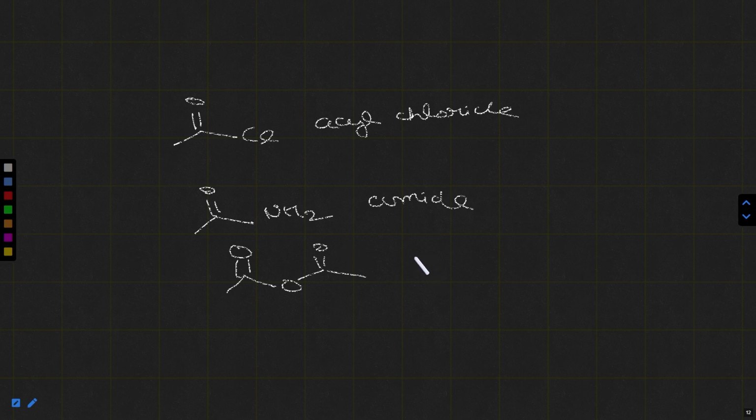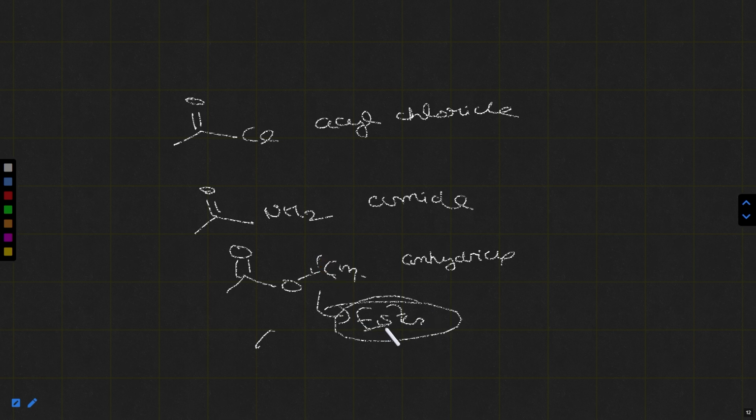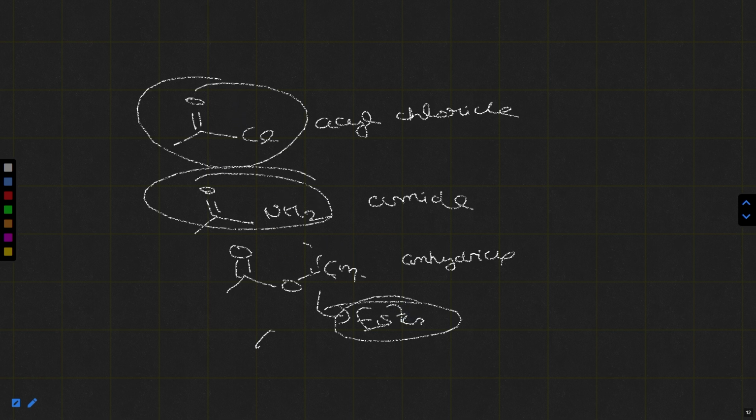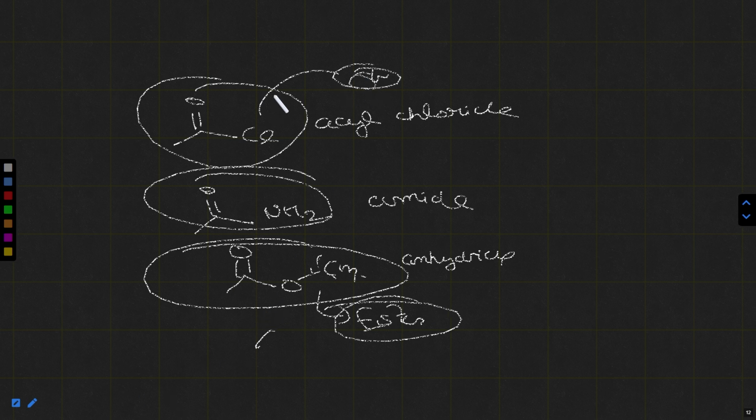You will call it an anhydride. Now if this group is not O and it is simply an R, suppose a CH3 group, then it will be an ester. So you must be well aware of the structure of all these derivatives of carboxylic acid, in which you have replaced the OH group with different substituents.